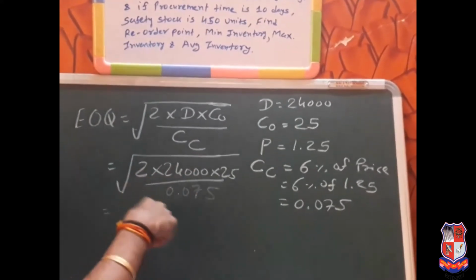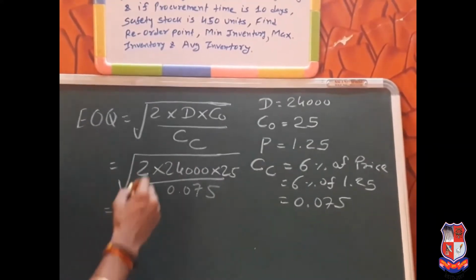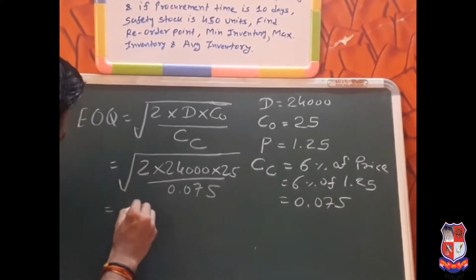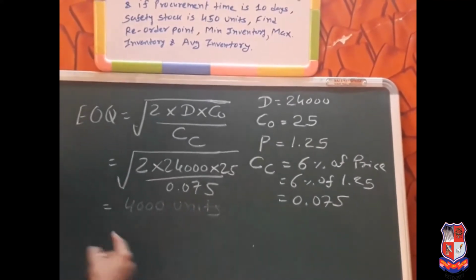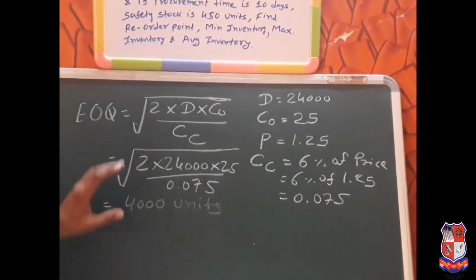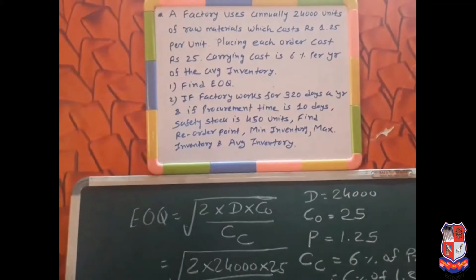If you simplify all this data, you will find the EOQ is 4,000 units. So this is your EOQ. This way you can calculate the EOQ. This is nothing but your part number 1.